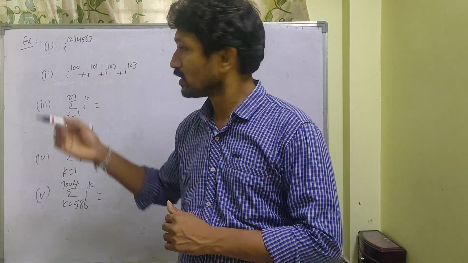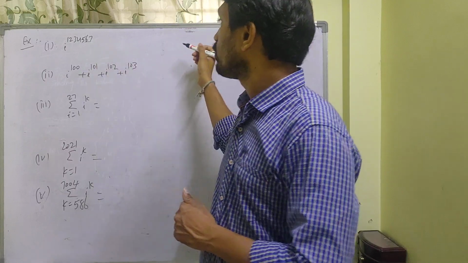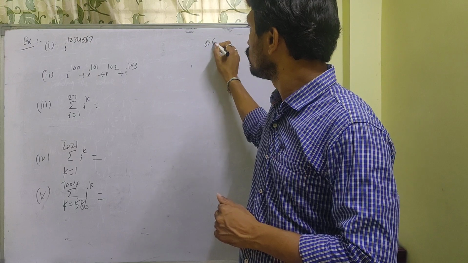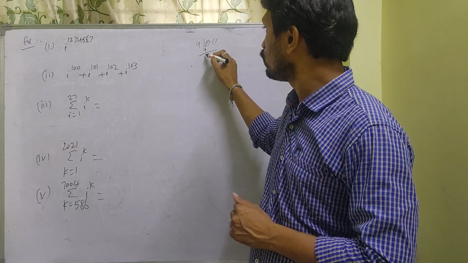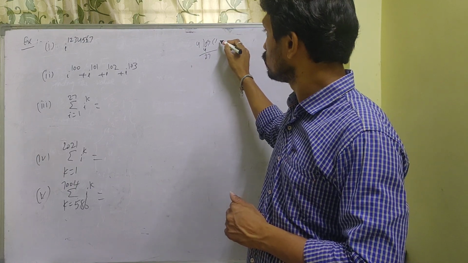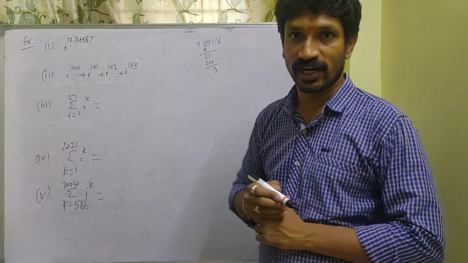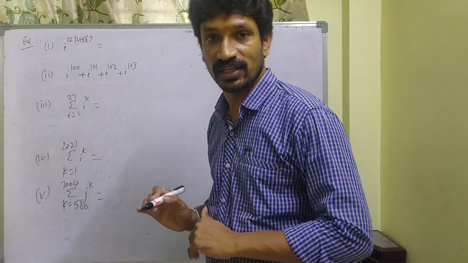So 20 is nearby. 67 by 4 means 4 times 16 is 64, so 3 is the remainder. Totally the remainder is 3 only.